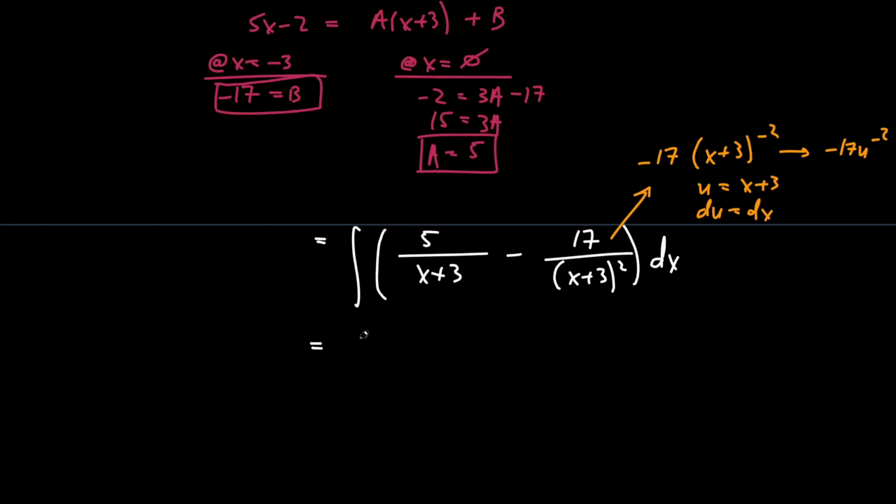Okay, so again, first term, we get 5 ln absolute value x plus 3. If you do this whole u sub process, which again, this is not a huge mystery here. As you get better with u sub, you'll likely get better and better at identifying this without having to write the actual u sub process out. But what we notice is that if you were just to integrate right here, you get -17u to the -1 over -1, which is plus 17u to the -1, which is 17 divided by u, which is 17 divided by x plus 3.